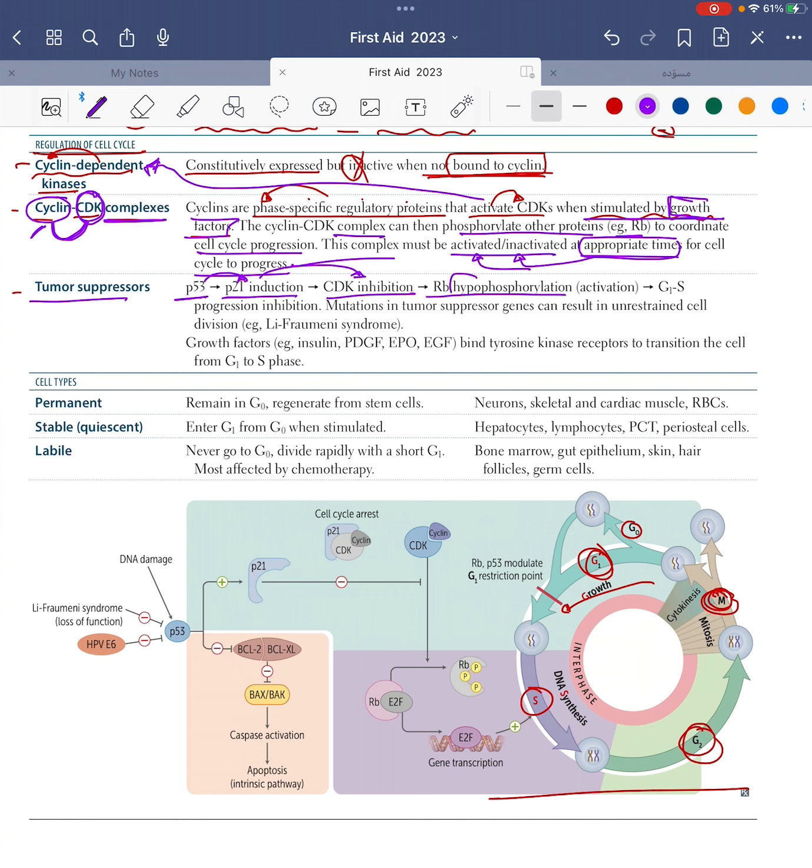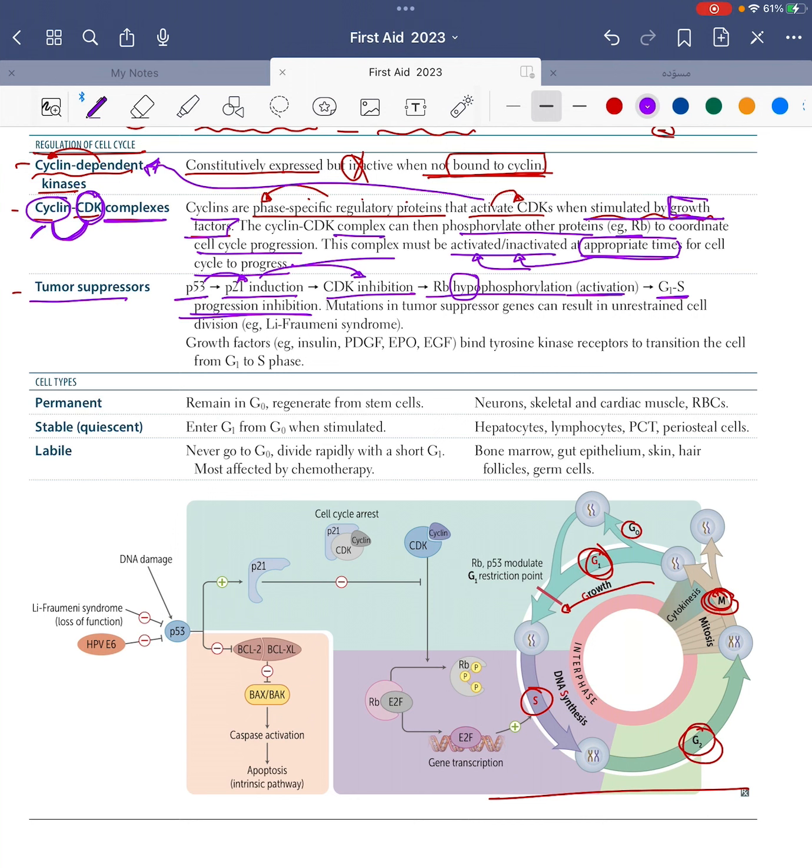So if it causes hypophosphorylation, that means activation for this specific RB. Of course, the inactive form has hyperphosphorylation. That activation leads to G1/S progression inhibition. So it causes an inhibition of the cell cycle.